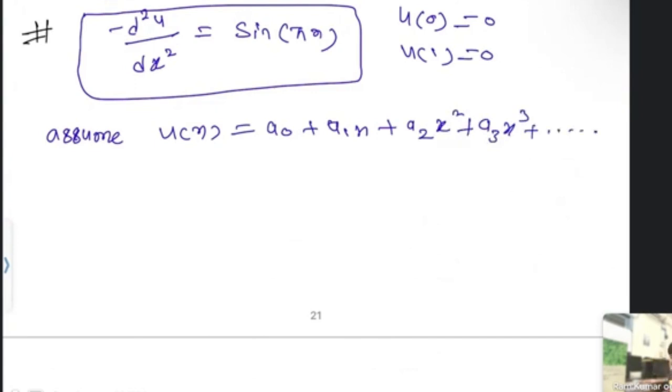This is the assumption that this function u will follow a polynomial.